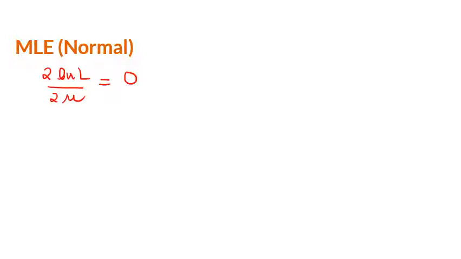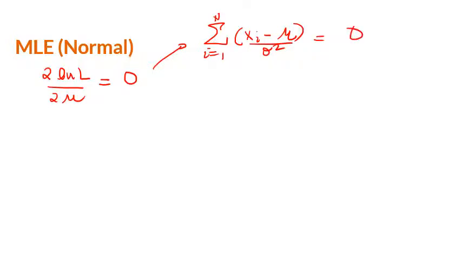So let's now solve this equation. Mangyayari dito is this: the summation from i from 1 to n of (x sub i minus mu) over sigma squared is equal to 0.